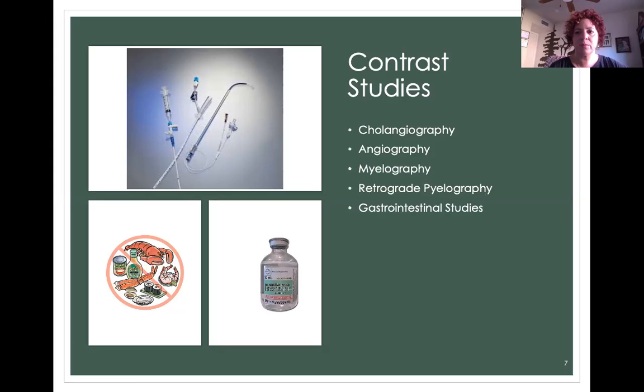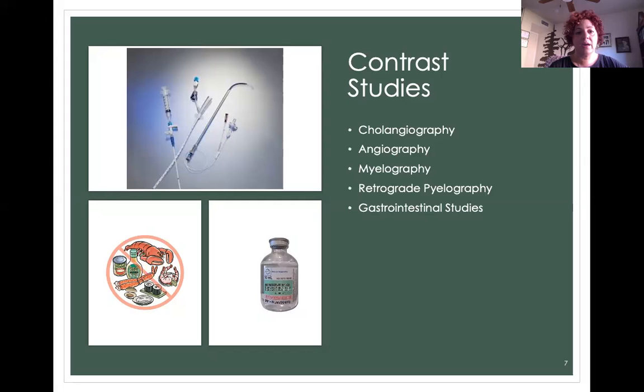We'll be responsible for putting together this cholangiogram that comes in a kit with all of these fun little parts. Yes, we do have these in the lab. Yes, we will practice and demonstrate how to get all of this together, because you're going to have to draw up syringes full of saline and syringes full of contrast, and they get hooked up in a certain way, and things need to be flushed and tested and all of those things.